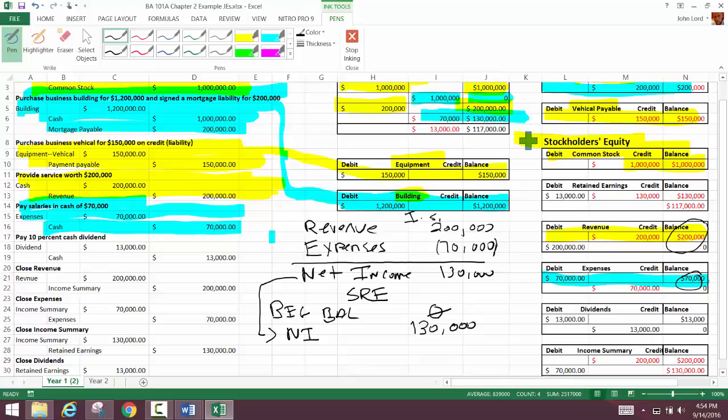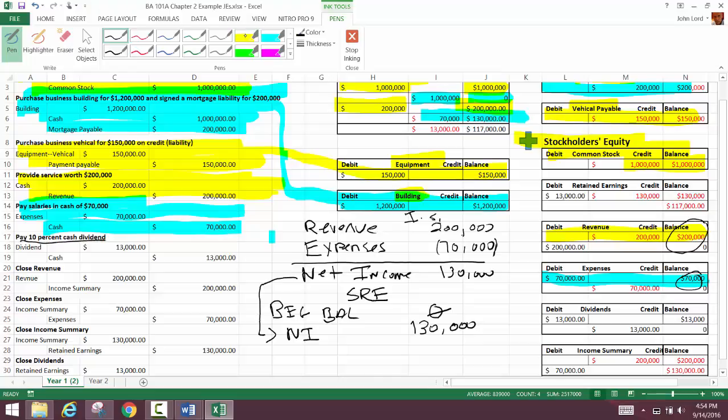But I've got to pay the investor who came and gave me the money to start this business. I don't know if it's common stock, but I don't have to pay a dividend, though I decide I want to pay a dividend, and I'm going to pay a 10% dividend here.